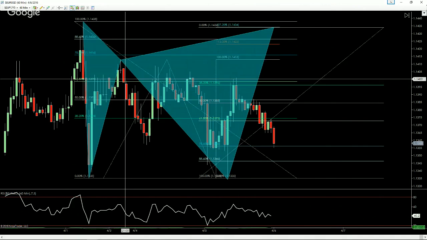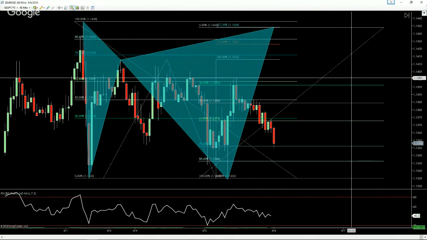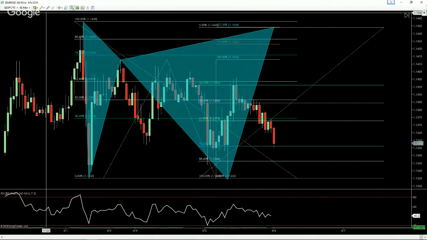As you can see, price is looking like it's respecting this other level right here, about the 114 even. So that might be a little bit harder to get to. And if it does, we'll see if it does complete or if it invalidates our pattern.